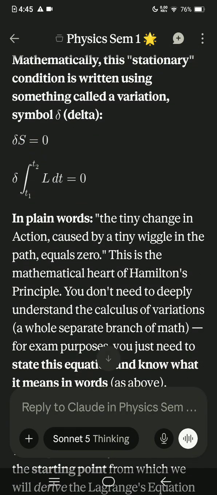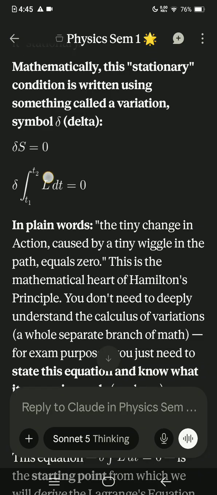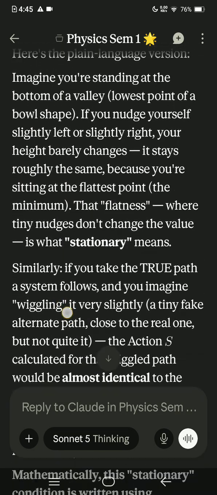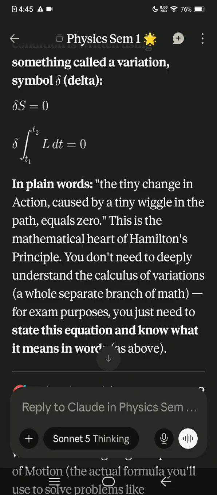Mathematically, the stationary condition is written using something called a variation symbol: delta S equals 0. So delta S equals 0, and S was the integral of L dt from t1 to t2, so that integral's variation equals 0.